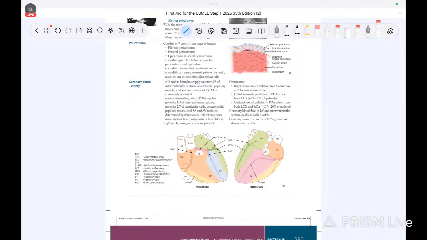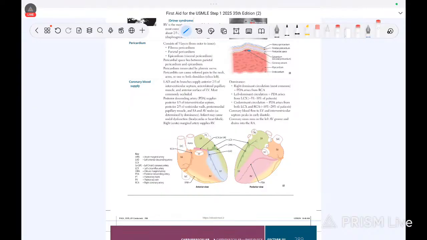There is one thing, something about the dominance. There are mainly three types of dominance. One, right dominant, where the PDA arises from the right coronary artery.